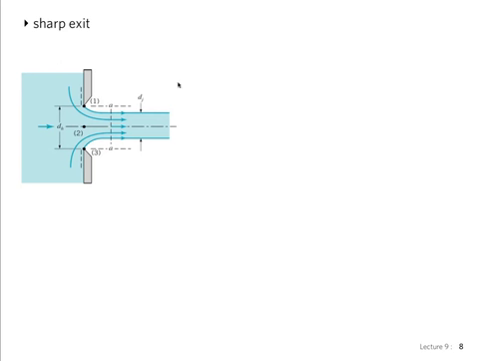It's still a free jet in the sense that we have atmospheric pressure here. Now you perhaps remember from your physics class as well that when you have a sharp exit in a liquid, we observe this phenomenon which is called vena contracta, which is an effect due to the fact that the fluid in here cannot really turn this sharp exit quickly, and therefore the diameter dj, the diameter of the jet, is smaller than the diameter of the hole.